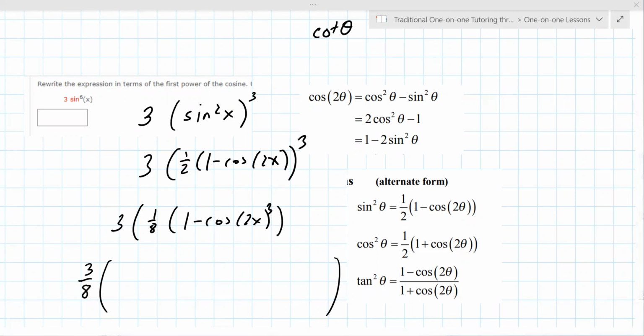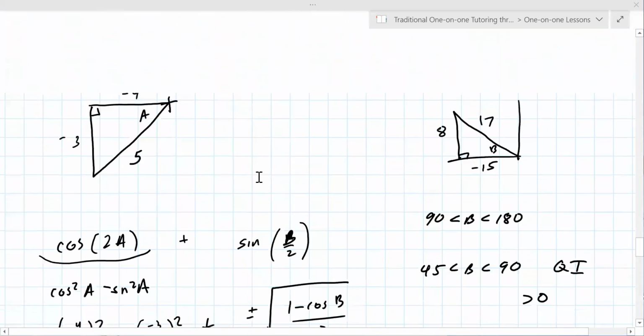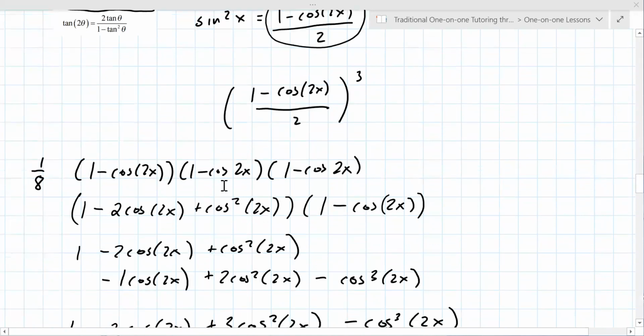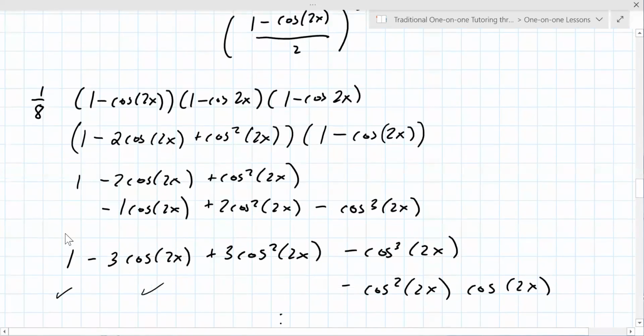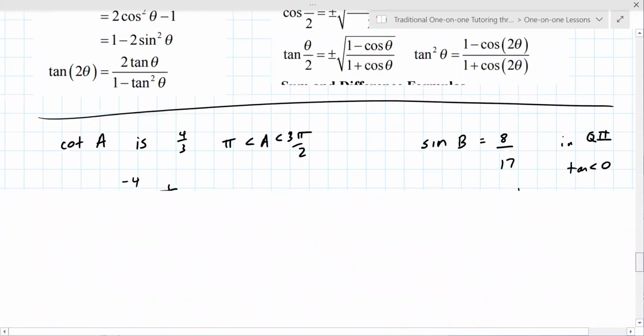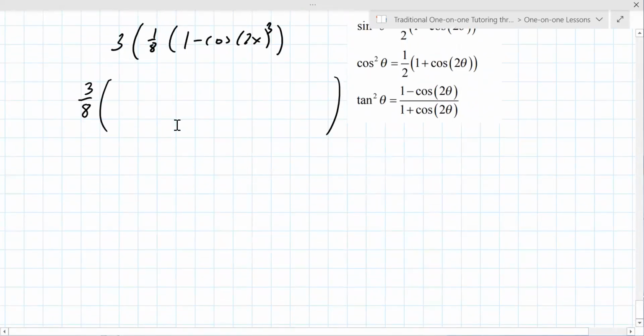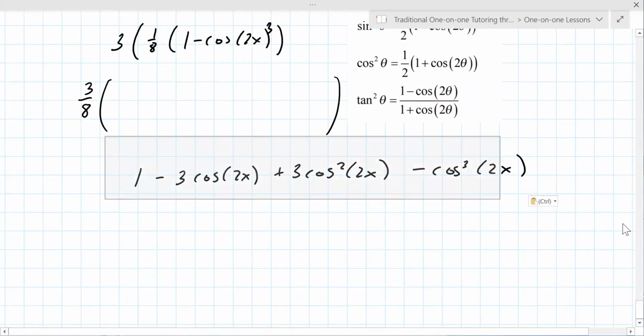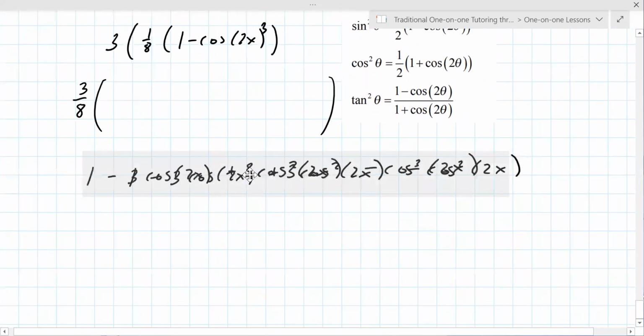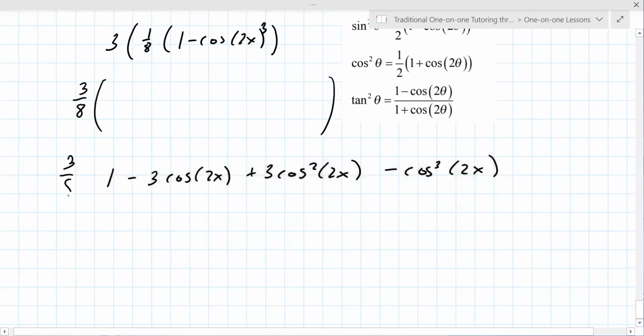Let me go and grab it from earlier. So it's all of this, and then the 3/8 is out in front.